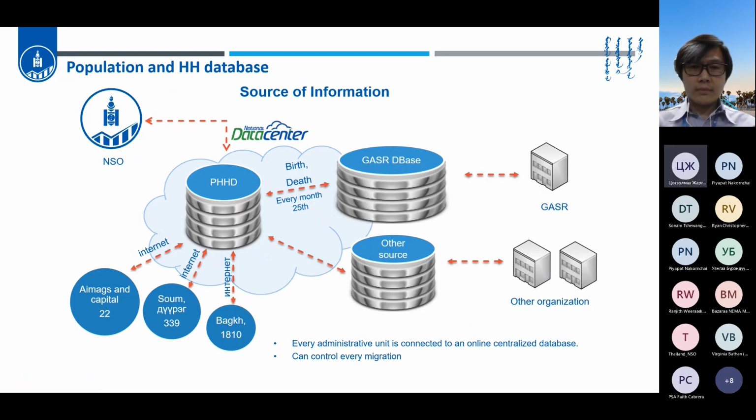This slide shows the source of information for the population and household database. The National Statistics Office collects population statistics data every month on the 25th, with birth and death data from the gathered database.